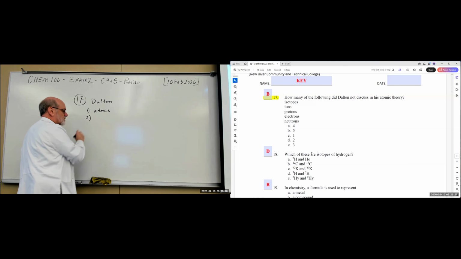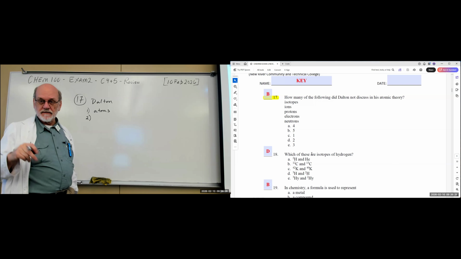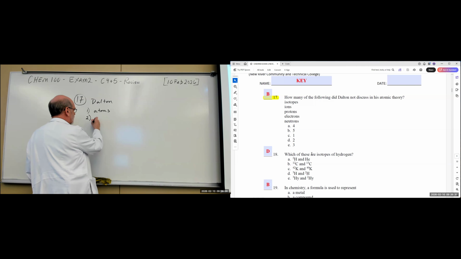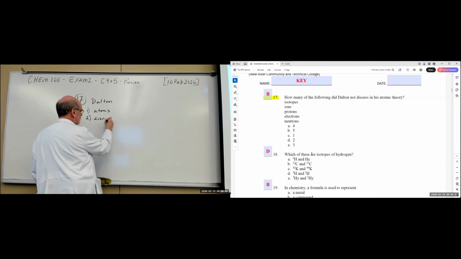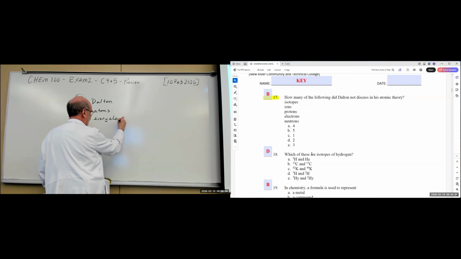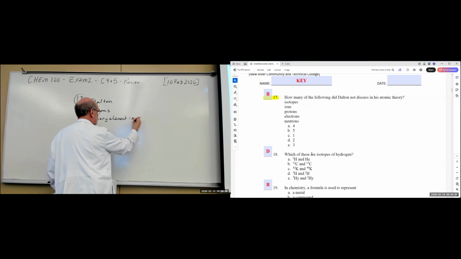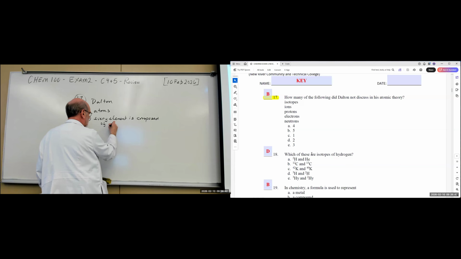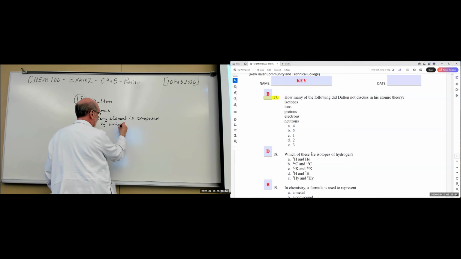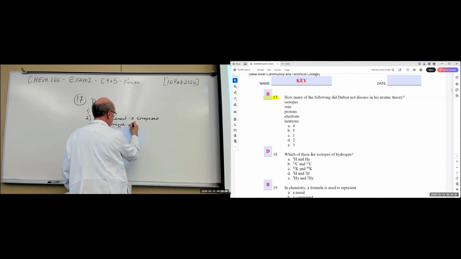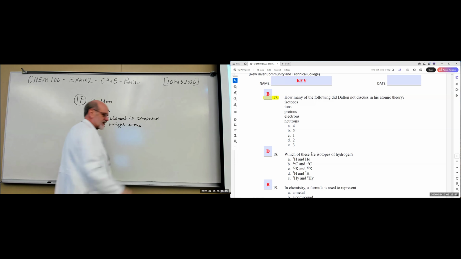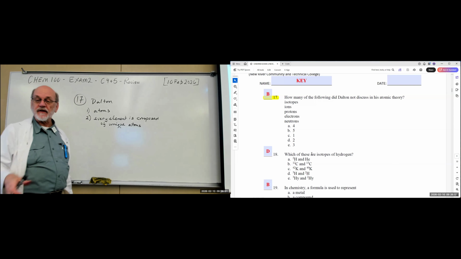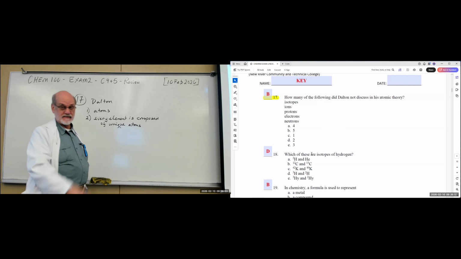But here's Dalton's genius. He said every element is composed of unique atoms. That is, the atoms of one element are different than the atoms of another element. Okay?